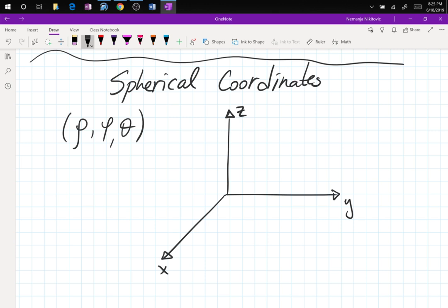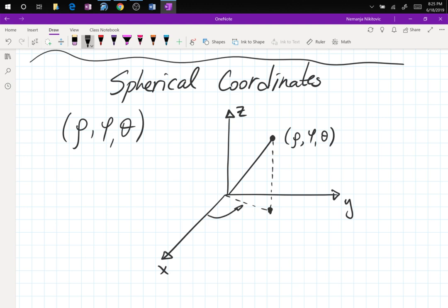So if I am to put a point somewhere and call that point rho, phi, theta as the coordinates in a spherical coordinate system, that point will drop somewhere on the xy plane and create an angle with the x-axis.